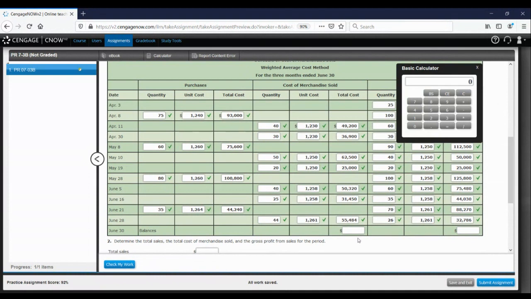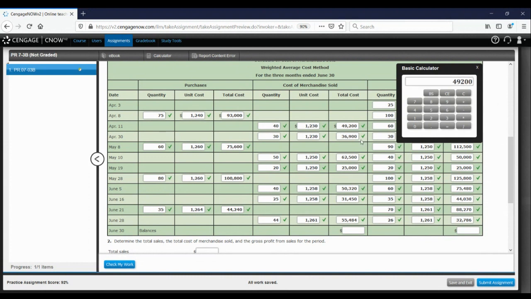The next thing that you will want to do is total up all of the cost of the merchandise sold for this period of time. We're going to add the entire column together to get the balance that would go in June 30th. So we're going to start with 49,200.